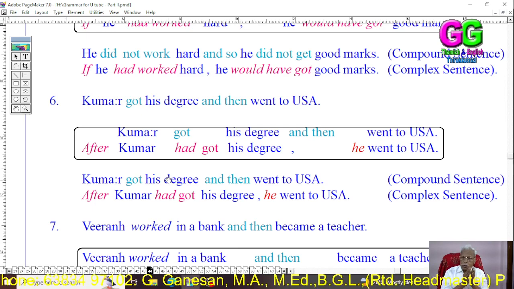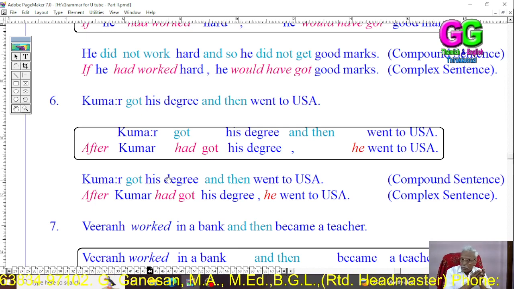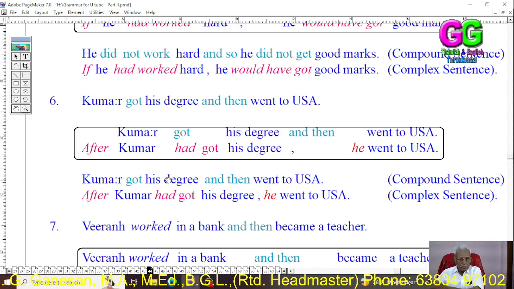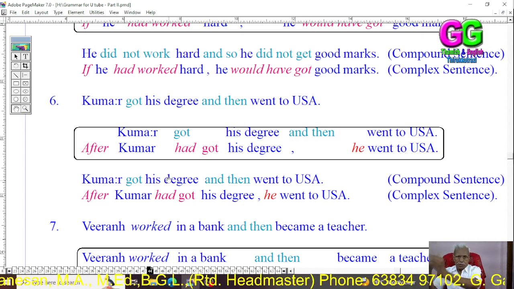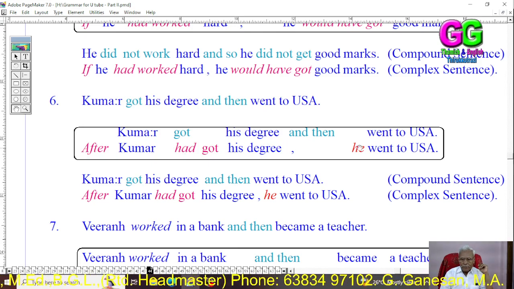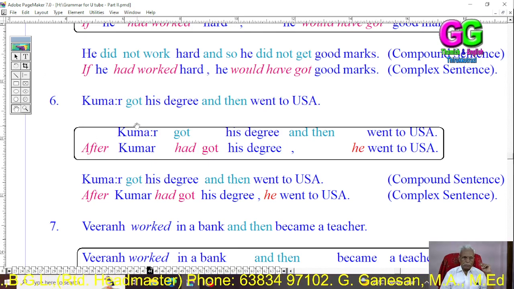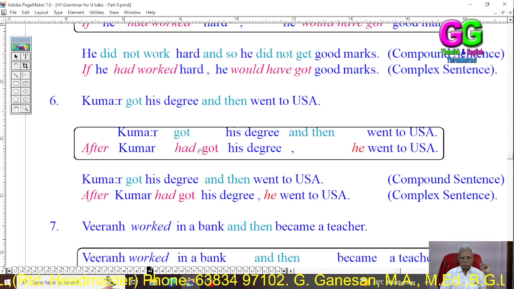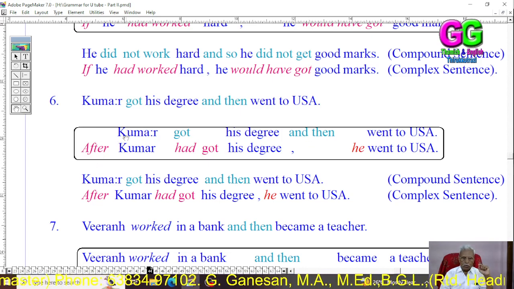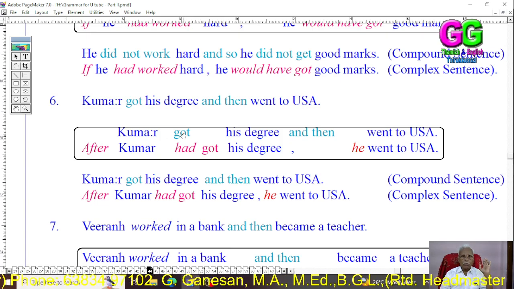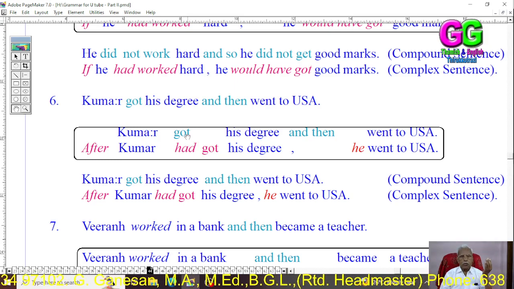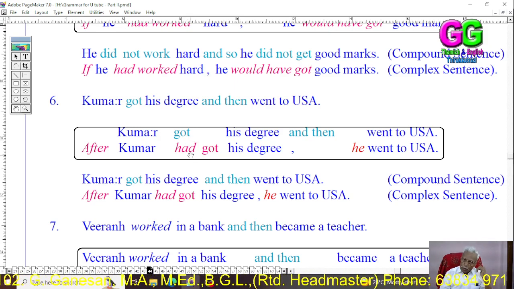In the 'after' clause I have used past perfect, and in the main clause the simple past as it is. So Kumar got his degree and then went to USA: after is the complex conjunction. 'Got', simple past, has been changed into 'had got', past perfect.